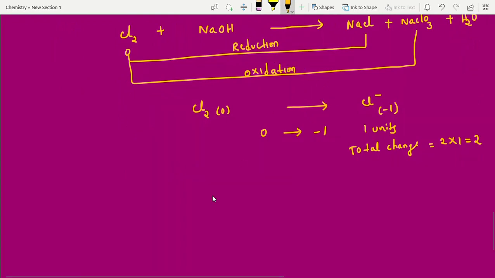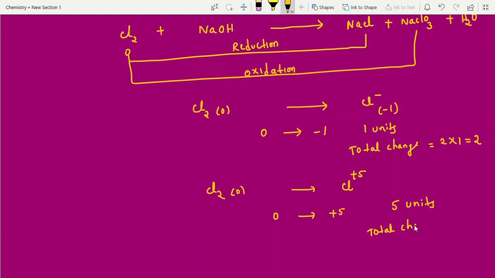Chlorine, the other one: chlorine 0 oxidation state to chlorine plus 5, right? 0 to plus 5. What happened? Increased oxidation state. How many units? 5 units. But total change equals how much? 2 into 5.